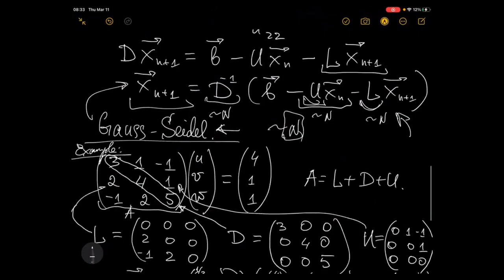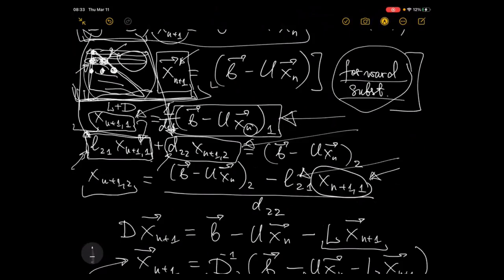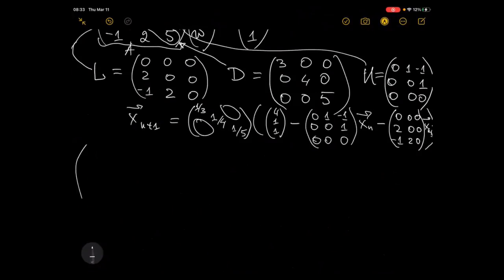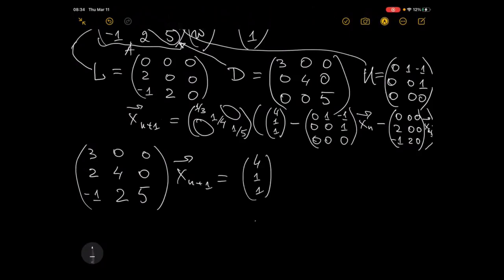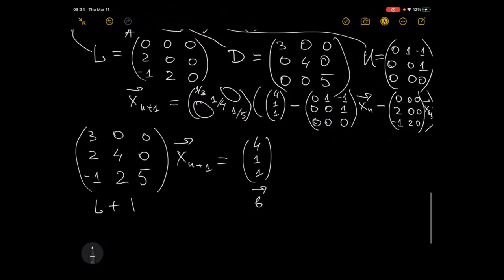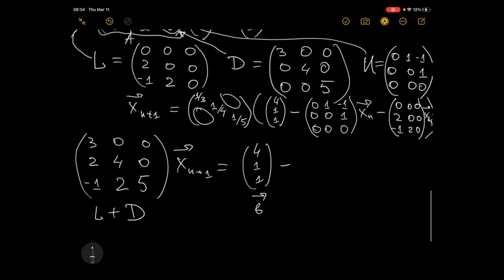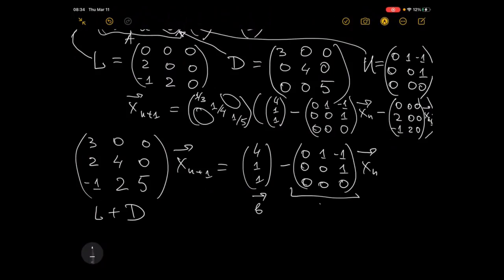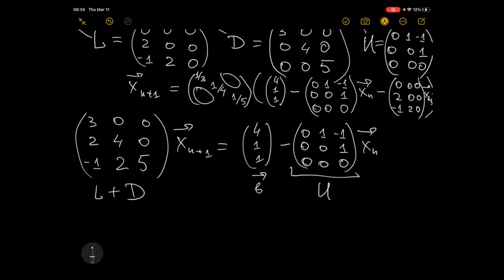Or you can formulate it in this form. You essentially write 3, 4, 5, 2, -1, 2, 0, 0, 0, multiplied on x_{n+1}, equals to 4, 1, 1, which is b, minus 0, 1, -1, 0, 0, 1, 0, 0, 0, which is U, multiplied on x_n, which you know.